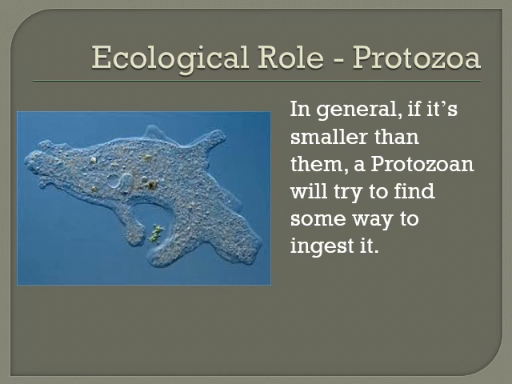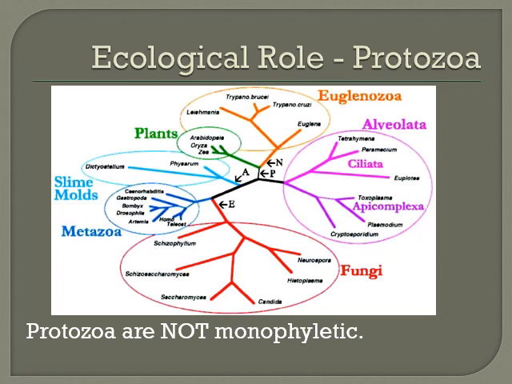If it's bigger than them, they'll run away from it, or in some cases, try to mate with it. But typically, if it's smaller than them, they will eat it. Protozoans are also not monophyletic. They place into all of the major supergroups and kingdoms. They're all over the place.